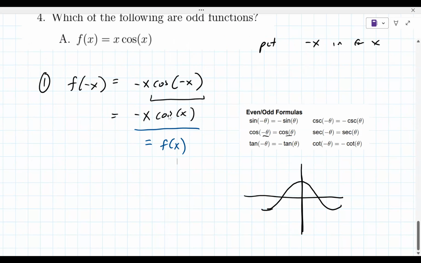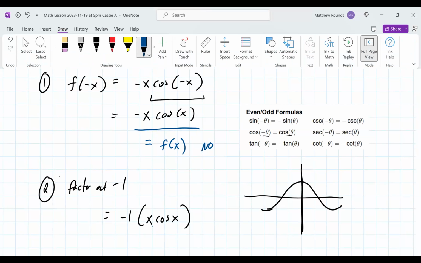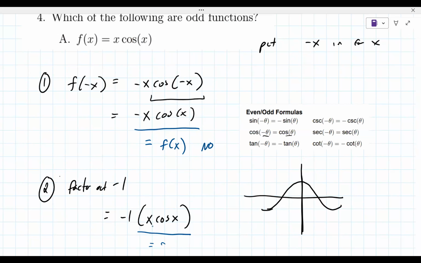No, it is not. If it was a yes, it's even. So that's thing one. The second thing you do is factor out a negative one. So it's negative one times x cosine x. Then you look at the part inside parentheses and ask yourself, is that the original function?